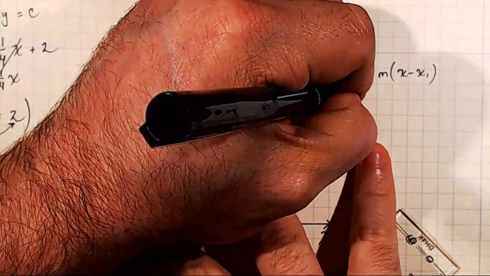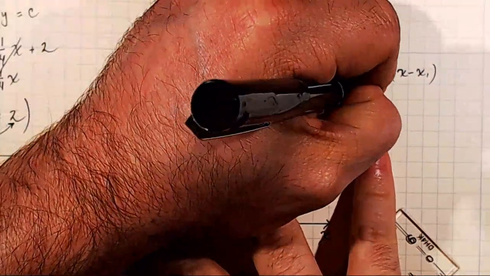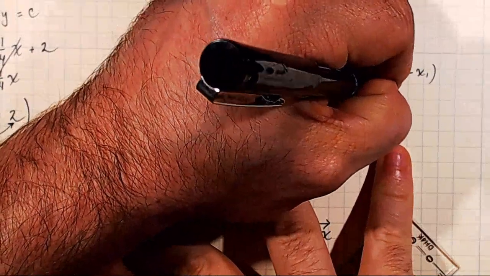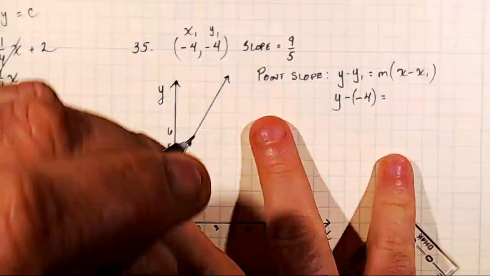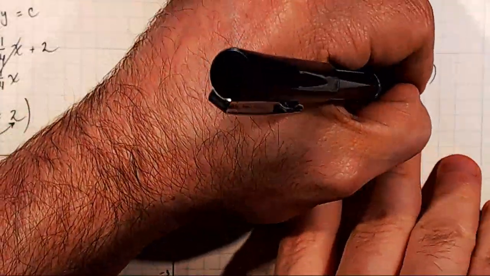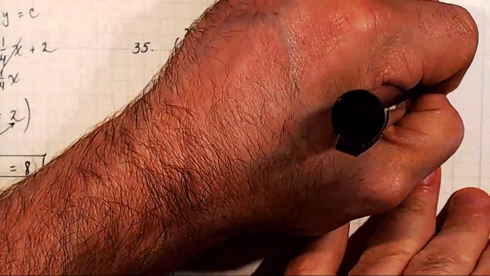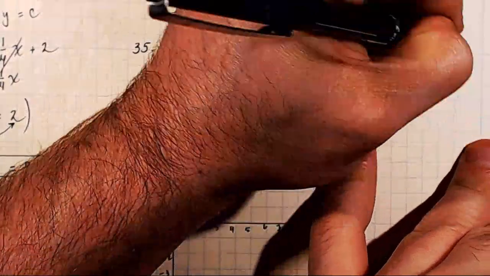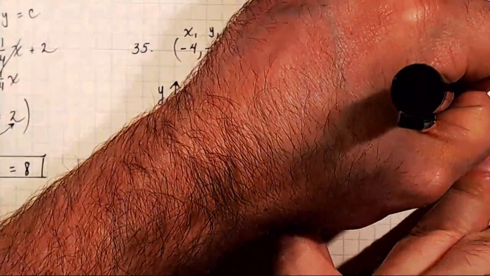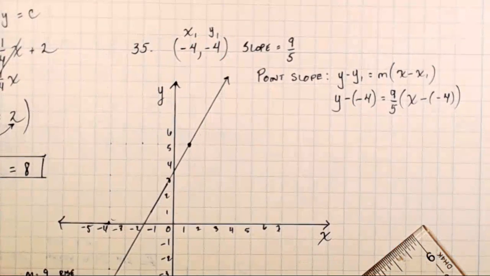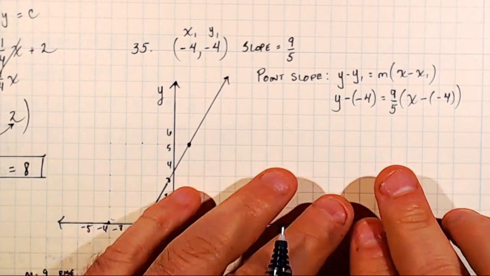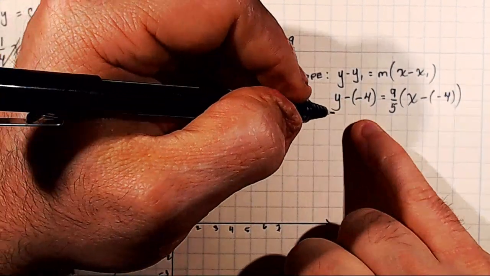So y minus open parentheses -4 close parentheses equals, now what's m? M is 9/5, equals 9 over 5 open parentheses x minus another open parentheses -4 close parentheses like that. Now we're going to get rid of these parentheses and fix the signs.